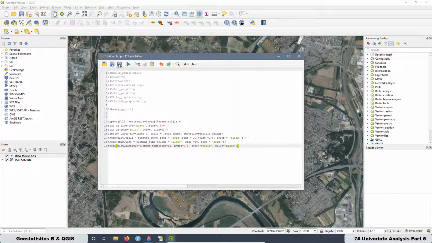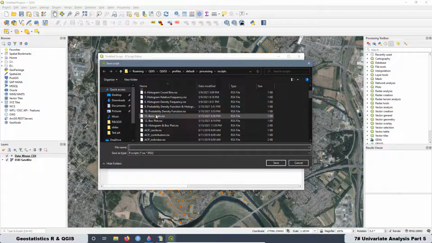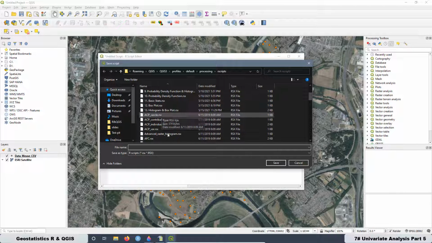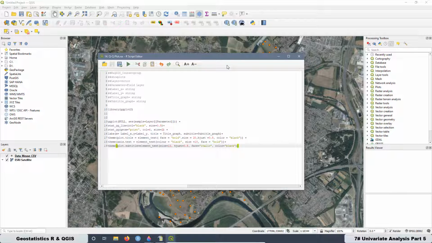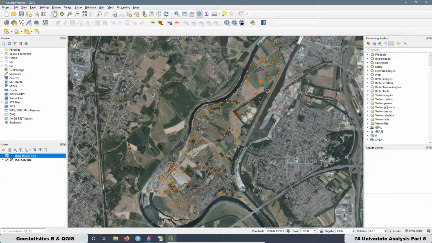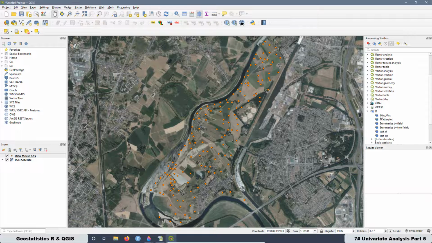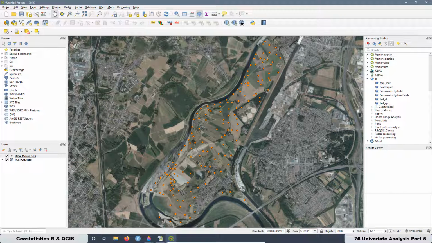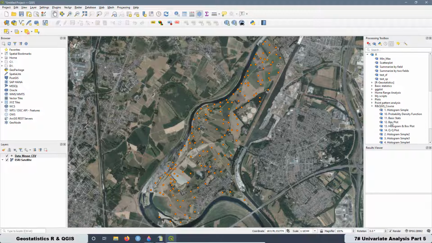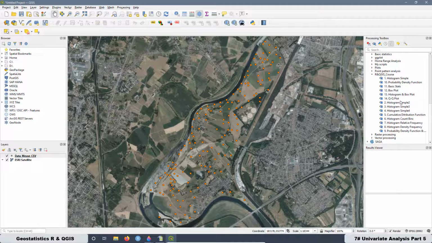Now I'm going to save this one, and it's going to be saved as number 14, and it's going to be QPlot. Then save, and we can close this one, and we can run the script. Then we are going to go here, this group over here, and it's going to be number 14.